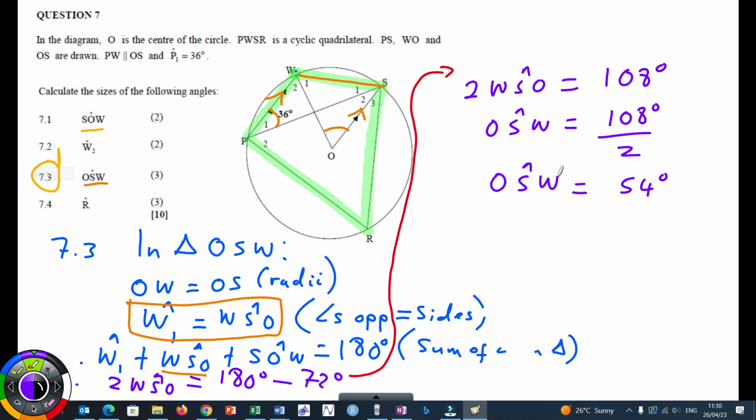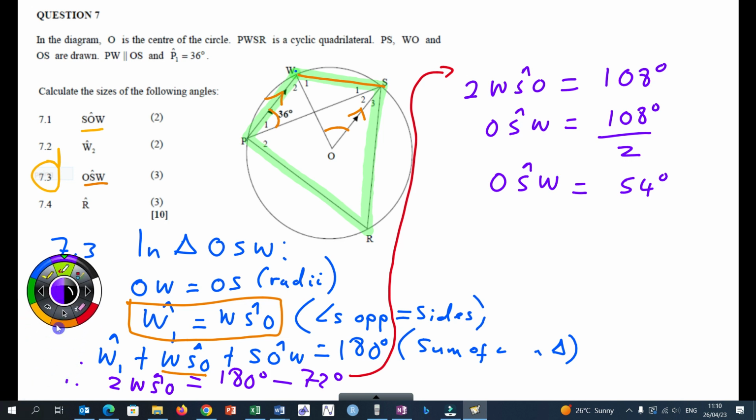Instead of saying WSO, would you get it wrong if you said angle S? That will be incorrect because there is another small angle here. So if you say angle S, your naming will be incorrect because this small angle is also part of the whole angle WSR, which you can call angle S. So what I would suggest, there's S3 here, by the way.